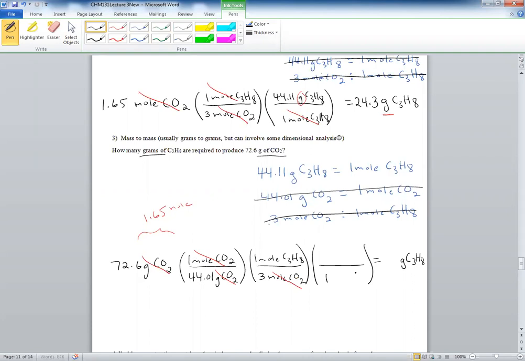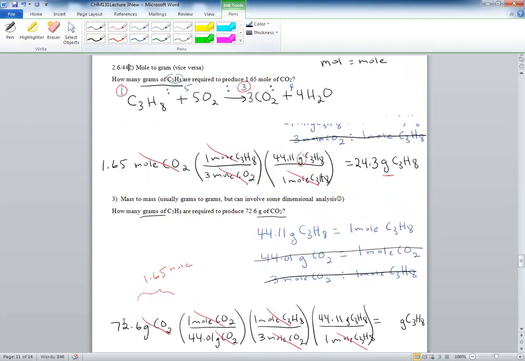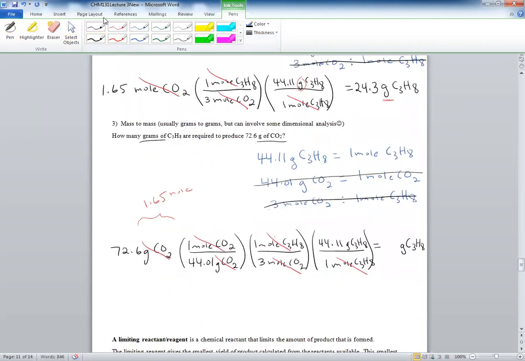So it would be 1 mole of C3H8 to cancel out the moles, and then 44.11 grams of C3H8. And if you do the problem, really the same way. Now, how do we do this mathematically?